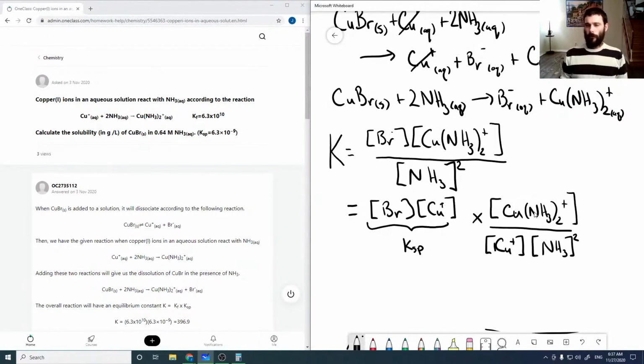Right, so if we multiply these two together, where this is now our KF, those coppers would cancel, and we'd get exactly our K, right? So that means that the K for our summed reaction is just the product of our two Ks.